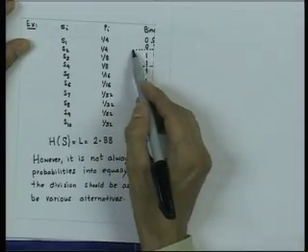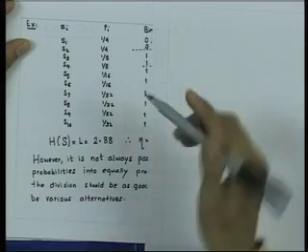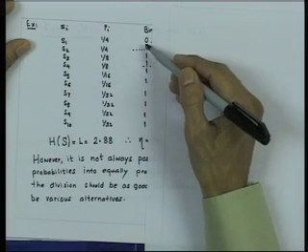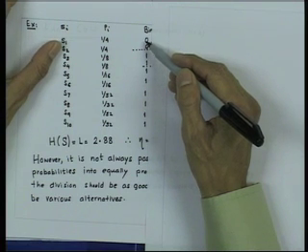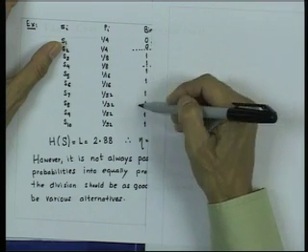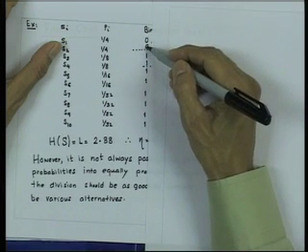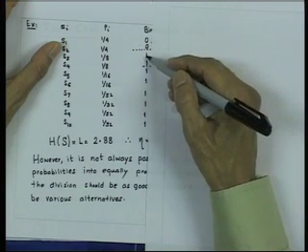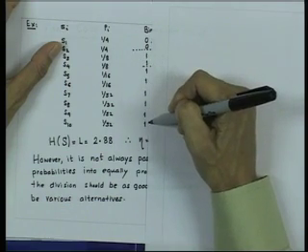So, I divide this into two groups and I allot binary symbols to each source symbol in this group. This is the first group and this is the second group. For the first group I allot all zeros and to the next group I allot all ones. So, this is the first step I have got.